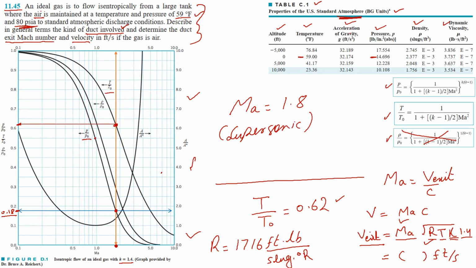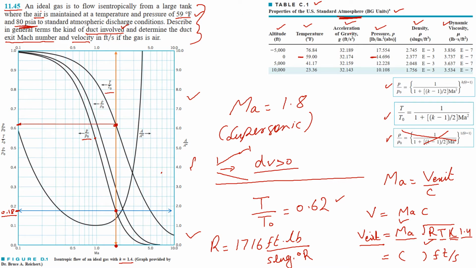And if you remember our previous lecture in which we were discussing our converging-diverging duct, in that duct we said that whenever a supersonic flow passes through it, its velocity will increase. The change in velocity will be greater than 0.